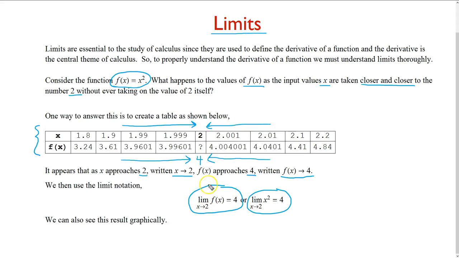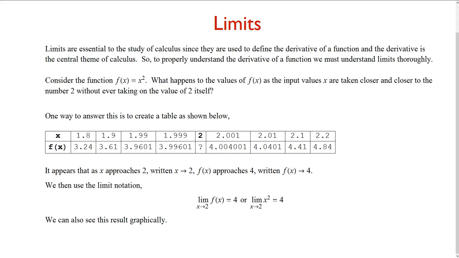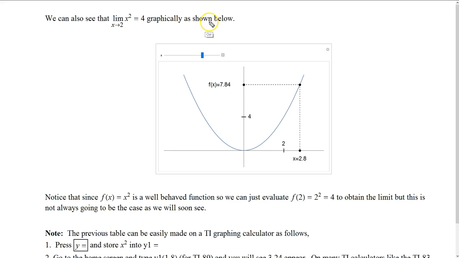Now in this case we can also see this graphically instead of using a table. Here we have the graph of the function f of x equals x squared. It's this blue curve right here. And we have our x values on the x-axis right here.